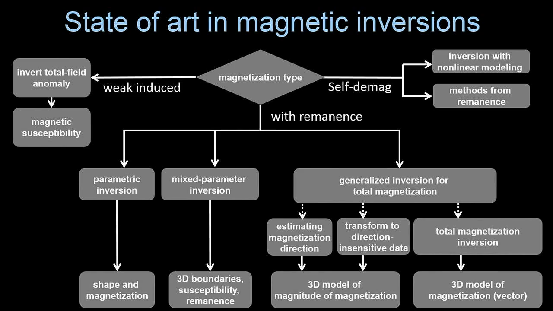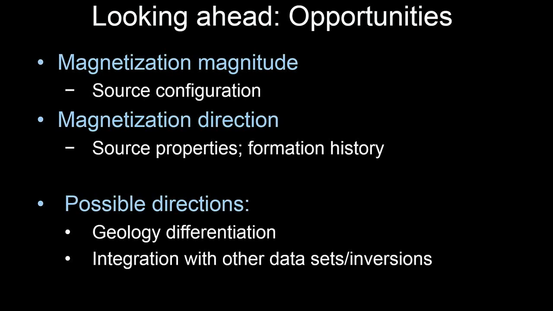Then there is soft magnetization, with a whole body of existing work that we did not touch on. But what I want to mention is that a lot of methods developed for remanent magnetization inversion, not everyone's, can be applied in the soft magnetization case.